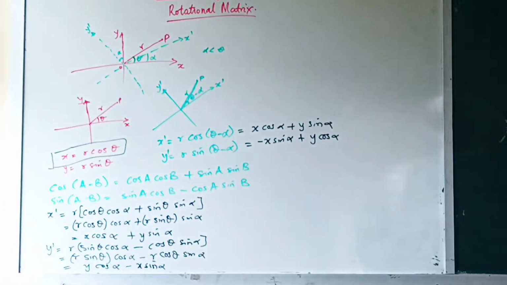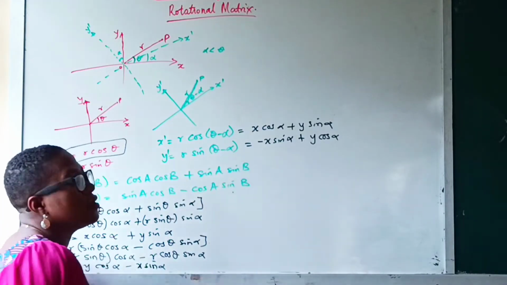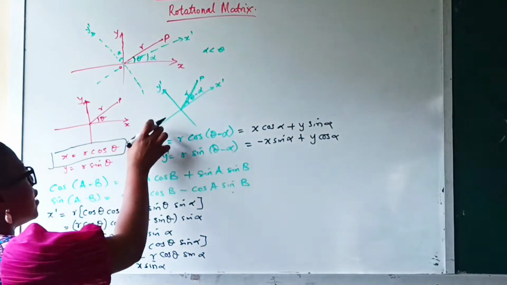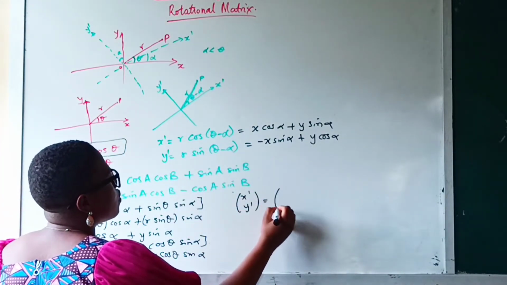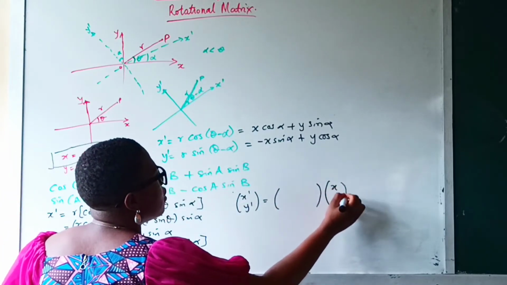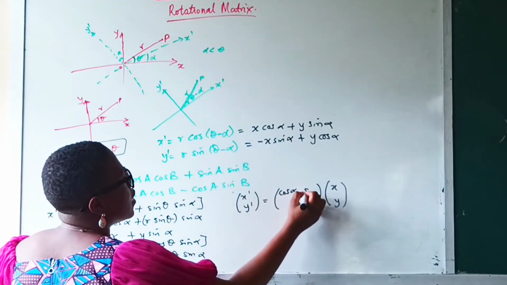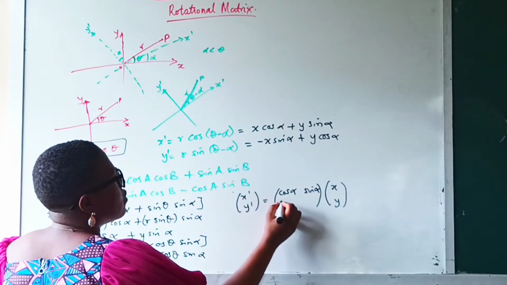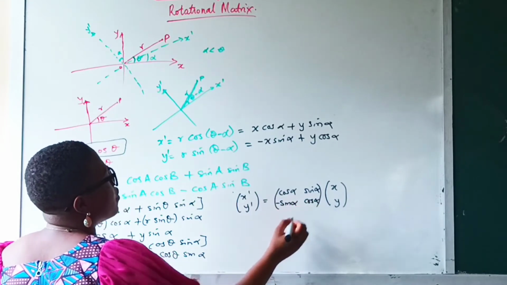Is it clear? We did this last time. This means that if I put it in a system of equations, x prime, y prime is equal to, pushing out x and y and taking the coefficients, cos alpha, sine alpha, minus sine alpha, cos alpha.